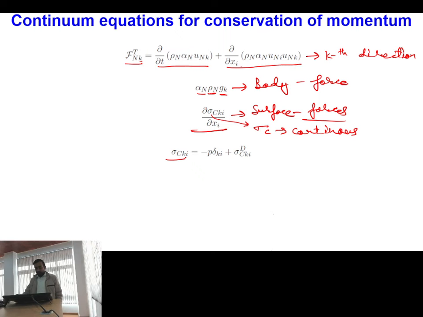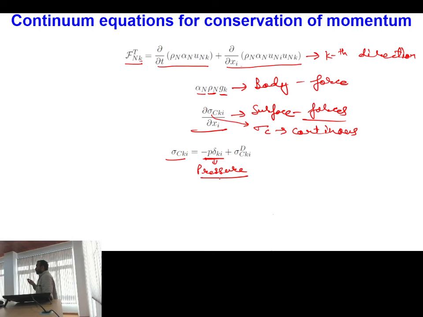Okay, so that's why I am writing sigma c ki as minus p into delta ki. So this first effect is the contribution of pressure. The contribution of pressure will always act in the direction normal to the phase.